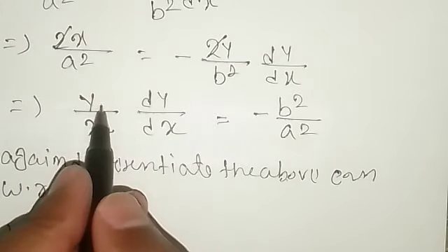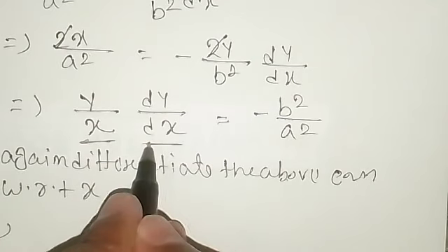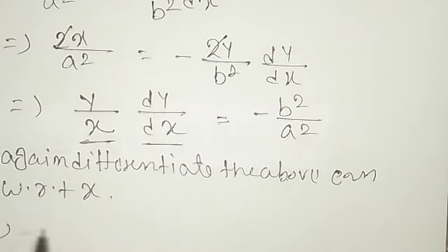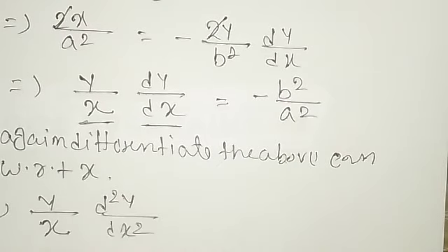For differentiating we can use the uv rule, taking this as u and this as v. Leave the y by x as it is and differentiate the other, which gives d square y by dx square.